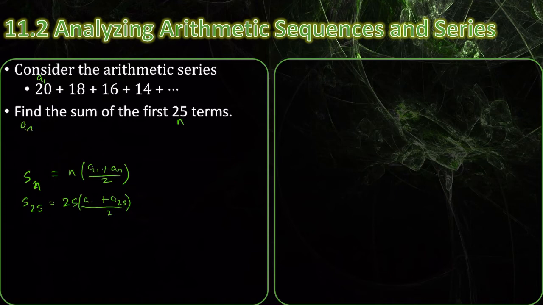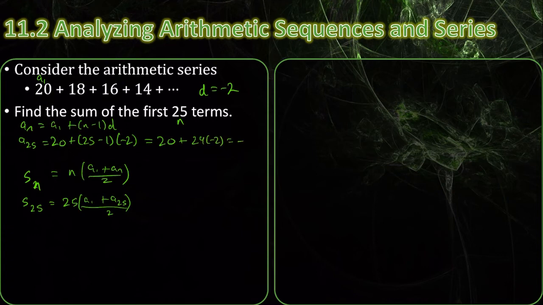Well, an is a1 plus n minus 1 times d. So if I want a25, a1 is 20, n will be 25, and d, what is d? d appears to be negative 2. So that's 20 plus 24 times negative 2, which is negative 28.